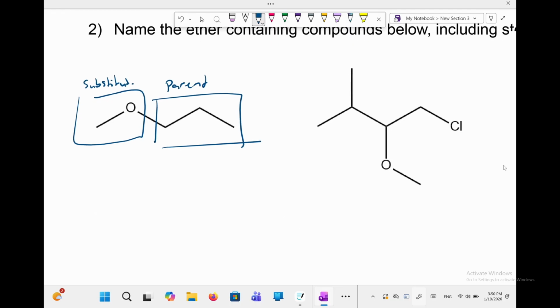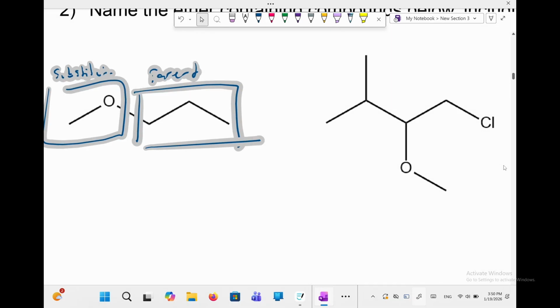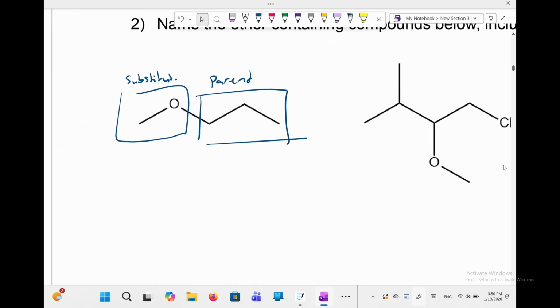So I would say 1, 2, 3. This is going to be methoxypropane. Methoxy because there's a methyl, and oxy saying that there's an ether, or an alkoxy, right?